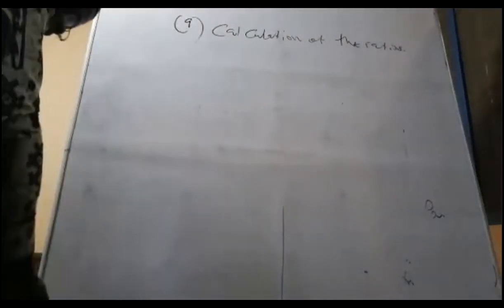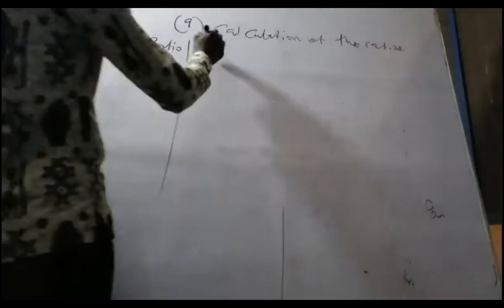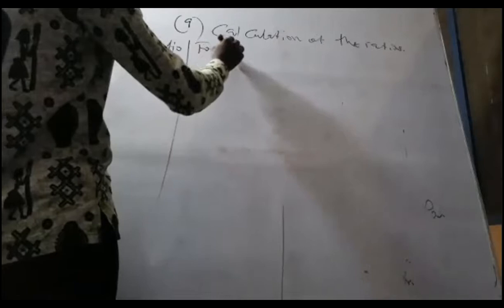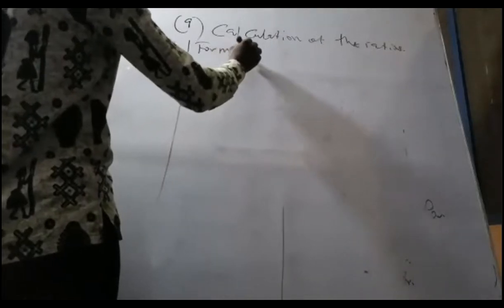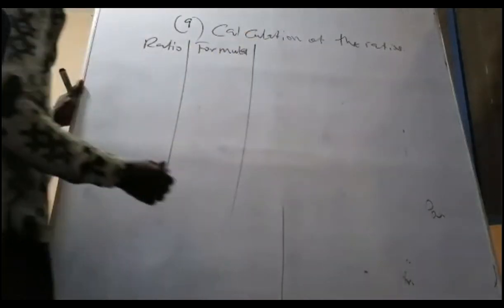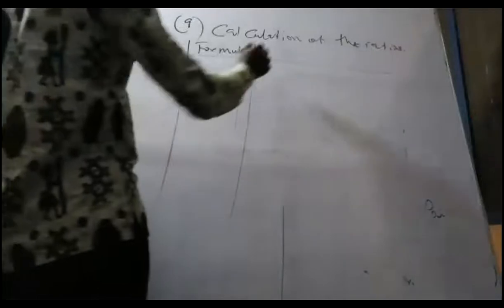What next? After this, tell the examiner about the table that I want to draw. The first column will talk about the ratio itself. The second section talks about the formula. We are interested in the formula that you are going to use. The next one talks about Diamond.